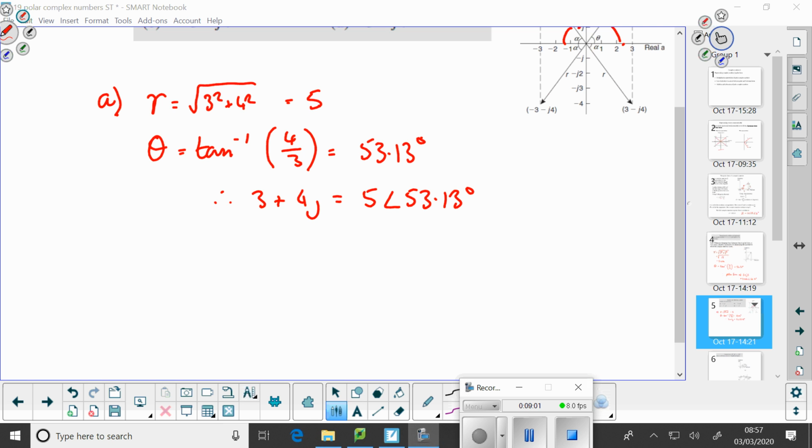I don't know what it is in radians. For B, r is root... r is 5 for all of them.